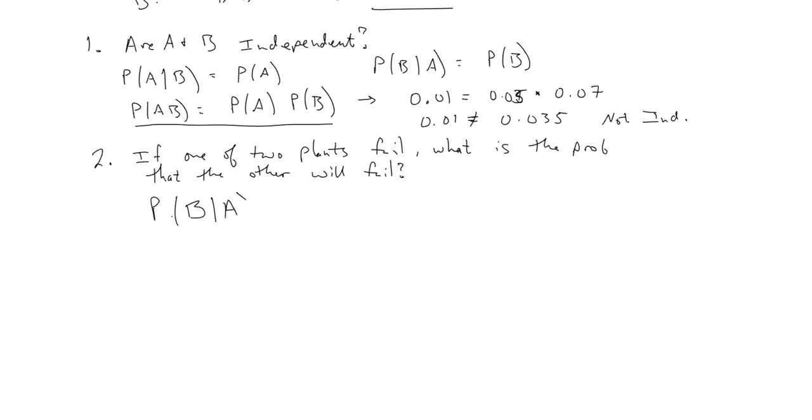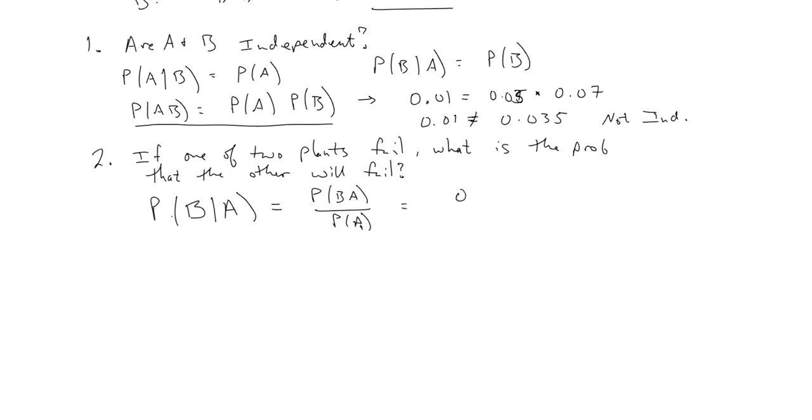So we said A occurred, so A is given. What's the probability that B will happen? Probability B given A. And then we're simply going to use the conditional probability rule. We said A occurred, so that's our new sample space in our denominator, and then we're going to use the intersection of the two up here.